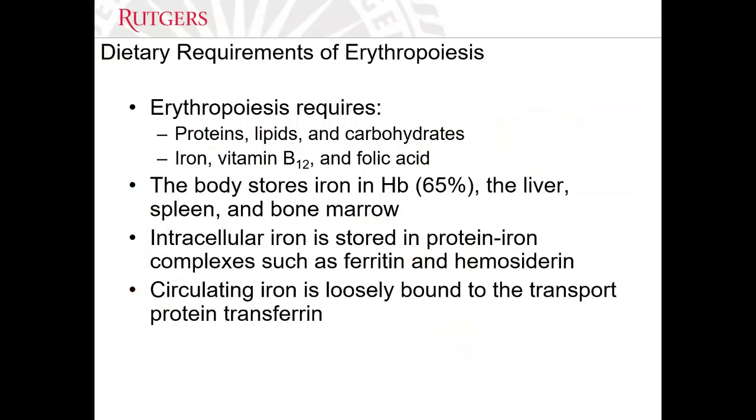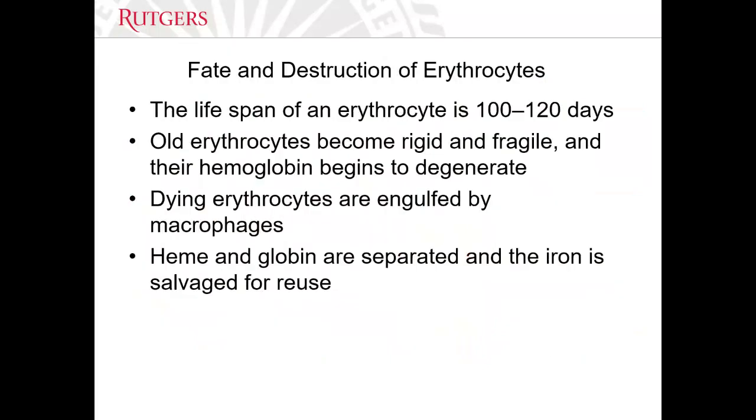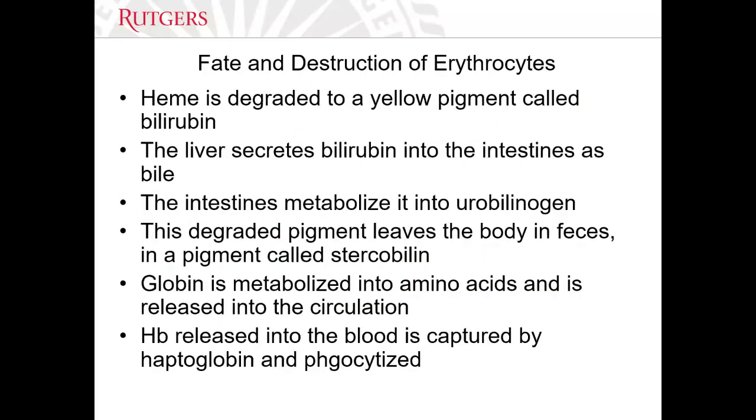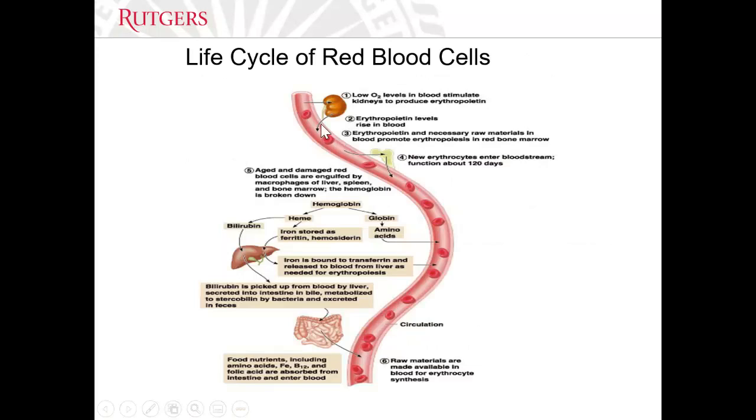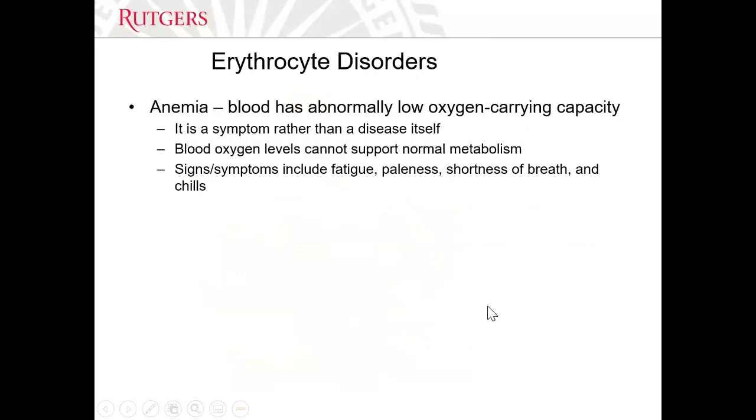So know the requirements for the erythropoiesis, and a little bit about the fate and destruction of the erythrocytes. This slide summarizes it all from the production to the destruction of the erythrocytes, and salvaging some of the requirements needed to remake the RBC.